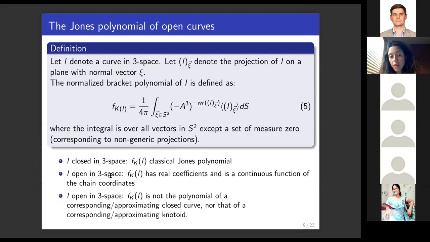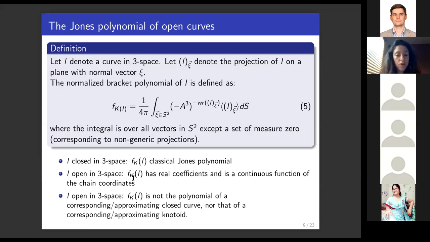If L is open in 3-space, what is interesting is that this polynomial will now have real coefficients, and it is a continuous function of the chain coordinates. As the chain moves in space, these real coefficients of this polynomial change continuously.